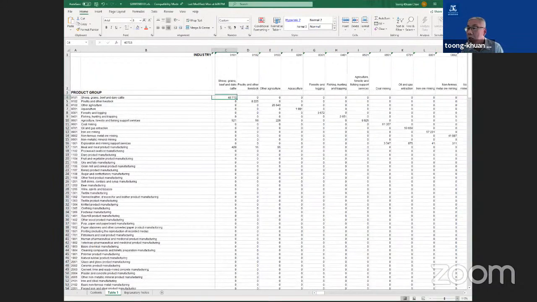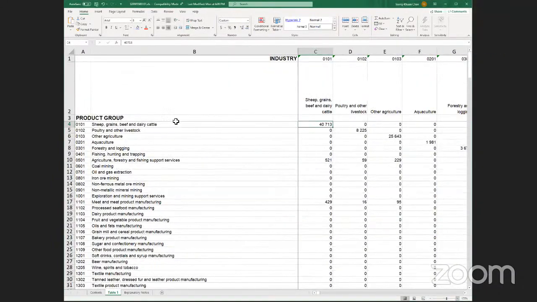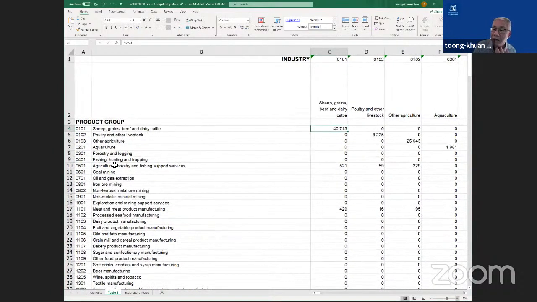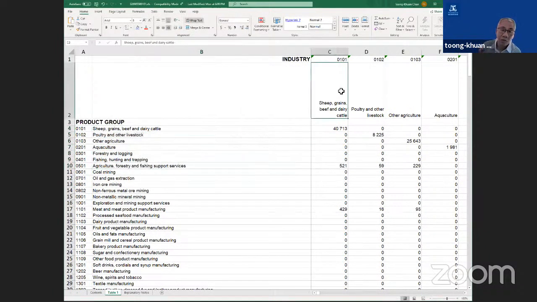I'm going to zoom in a bit so you can see it. So on this side, these are products, okay? And on the rows, or sorry, on the columns, these are the industries. So it basically shows you what each industry produces.